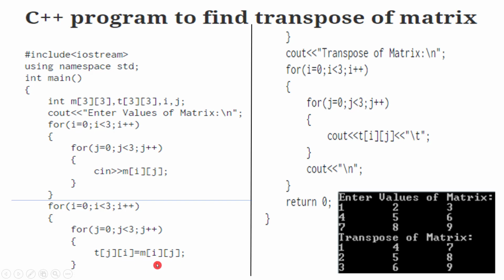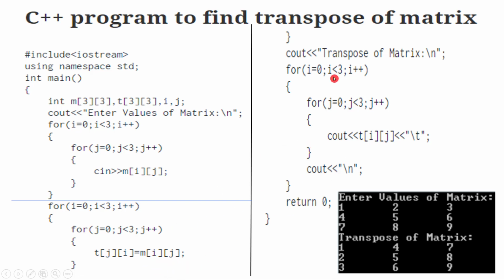And one more important thing to notice is that here there is a replacement. j is coming first and i second. So there is an interchange happening between the ith and jth position here. So basically this is transferring in a reverse way. The t[j][i] will be equal to the m[i][j] original matrix. So if you are calling out t[i][j], then it will be the transpose matrix. I think it's clear for you.